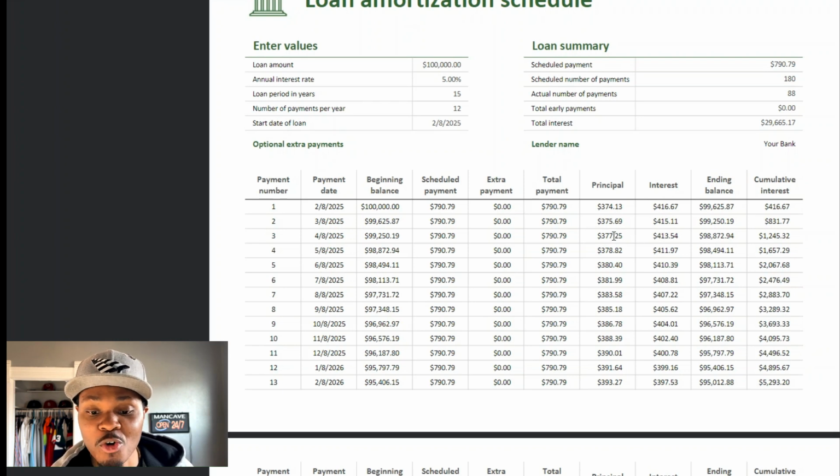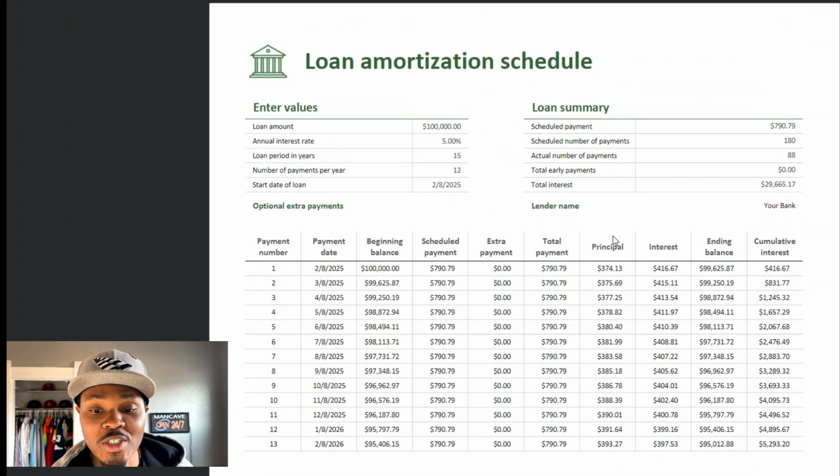Most of it is not going towards the principal, it's going towards interest. So if you look at this after 1 year, you only paid down $5,000, and about 4,000 or 5,000 went towards interest. So that's very important to understand.